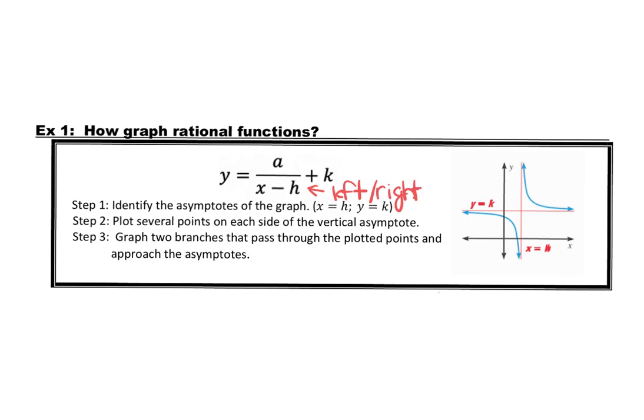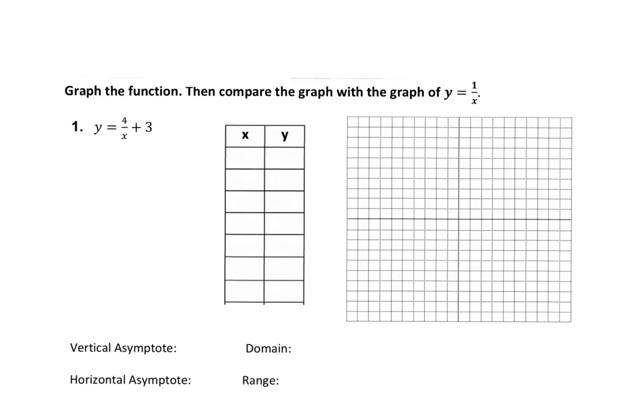So it's the opposite of the left or right. And I'll show examples of that in a minute. And then we have the number without the variable, which is our up and down shifts.